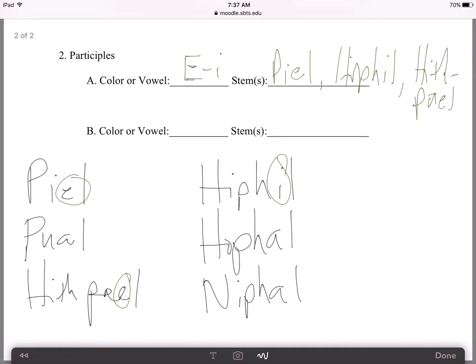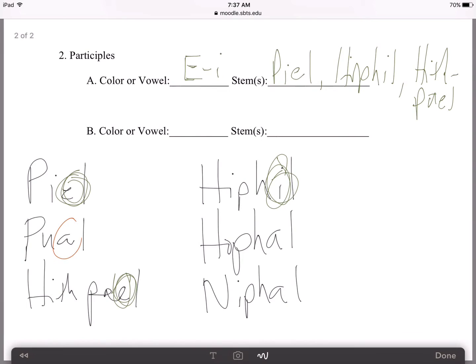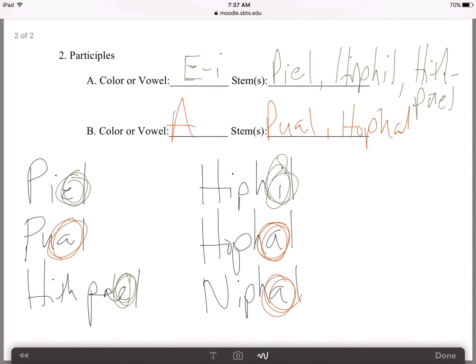And the reason for that is because of the theme vowels right there, or the vowels in the spelling. So again, if you can learn to spell these, it becomes remarkably helpful. And so the other ones then, with the A, are going to be what we call red. Okay, so we would then get Pual, Hofal, and Nifal in that section.